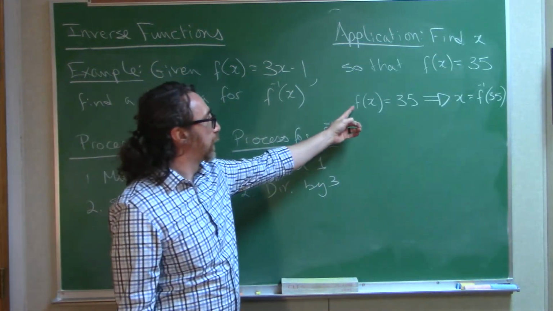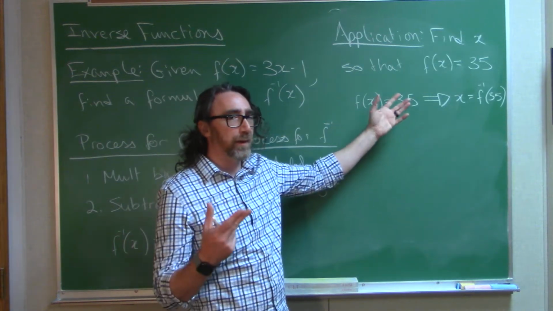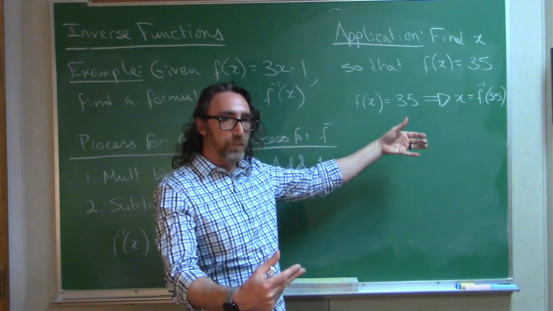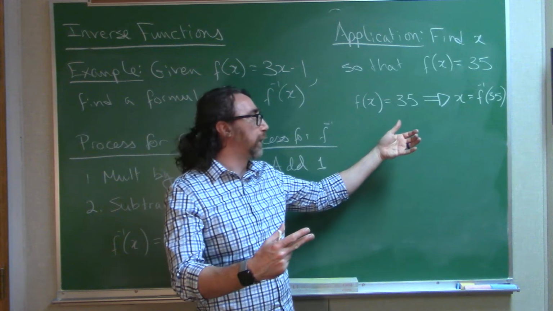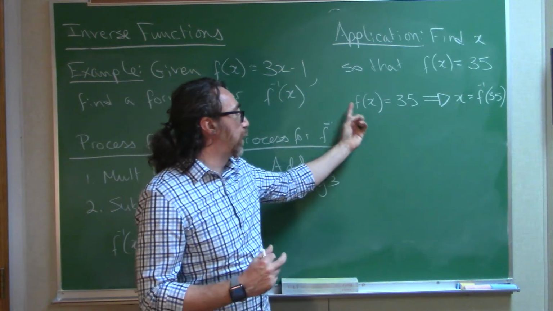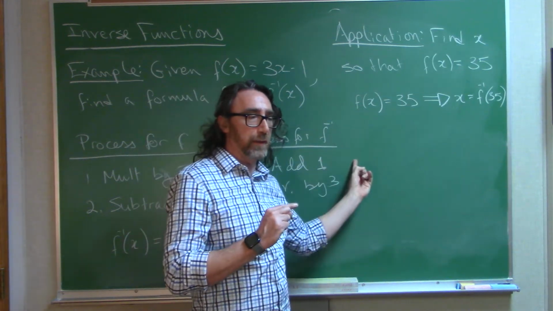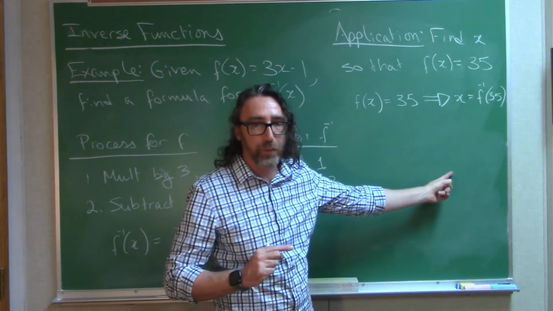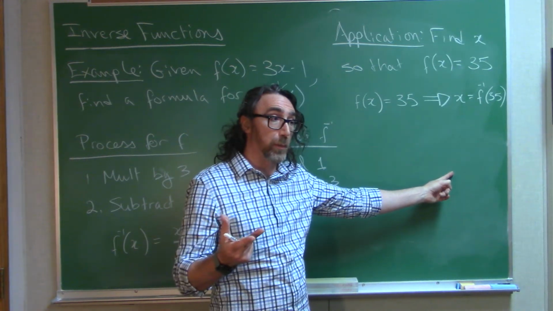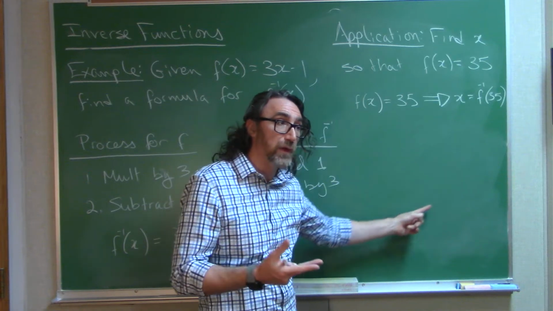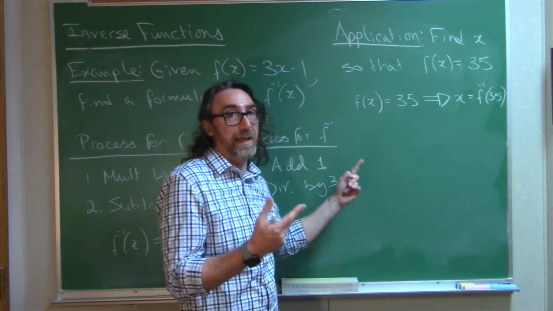Okay, notice that I moved the function over, but I didn't really move the function over. I really applied the inverse to both sides. Okay, so I want to find an x such that the rule for f takes me over to 35. Well, based on what we know about how inverses work, the inverse function would take me back and give me that input.